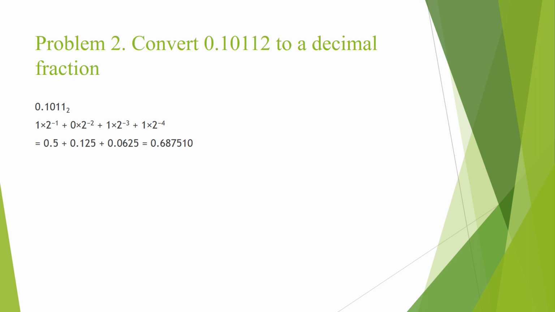You remember, when we move from the point away towards the right, we get a tenth, a hundredth, a thousandth, a ten-thousandth. So in this case now we are going to have 1 times 2 raised to power negative 1, which is the same as a tenth.